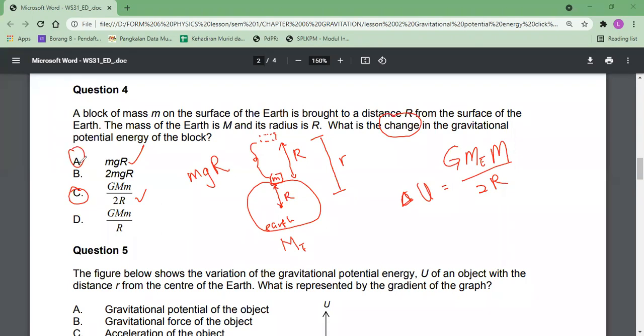The answer can be A. The answer can be C. Let's move to question number 5.